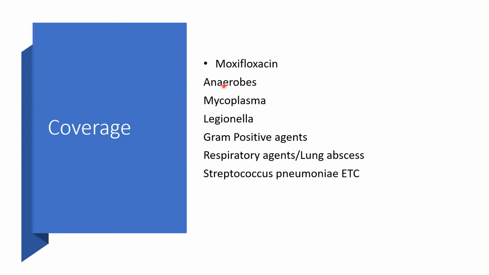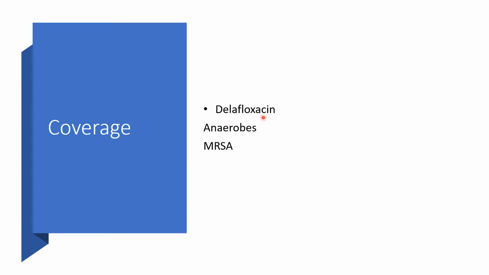Remember, it can handle anaerobes, Streptococcus pneumoniae, and so on. Delafloxacin is the newer generation of fluoroquinolones, pretty useful to handle anaerobes. And a great advantage of Delafloxacin here would be that it can handle methicillin-resistant Staphylococcus aureus.